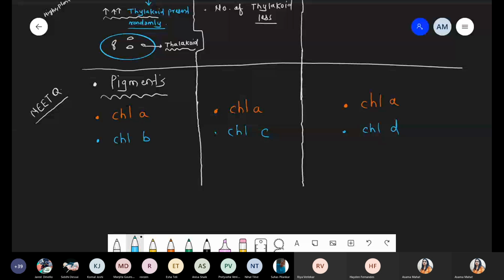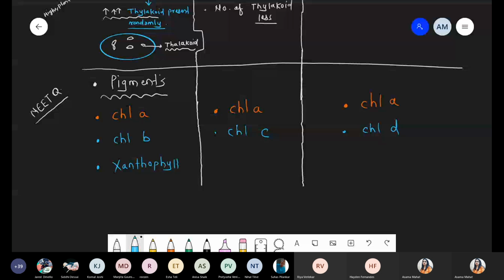And the next point we are talking about is the presence of xanthophyll. One unique question comes from the second pigment, that is xanthophyll. Along with that, there is also a presence of carotene.